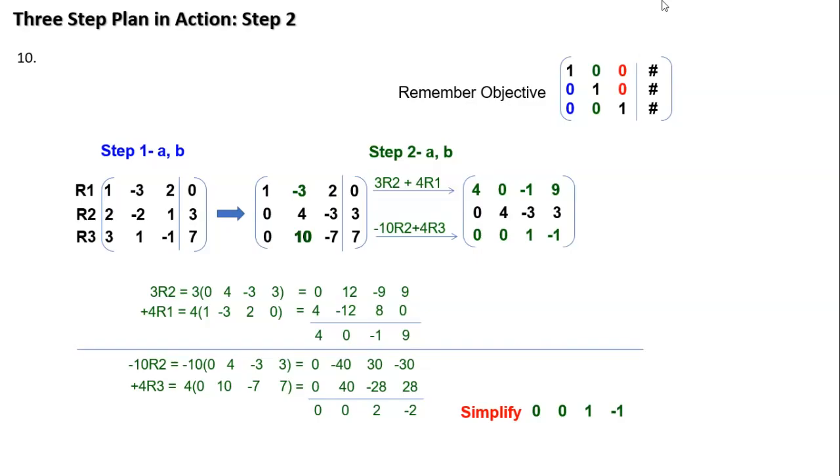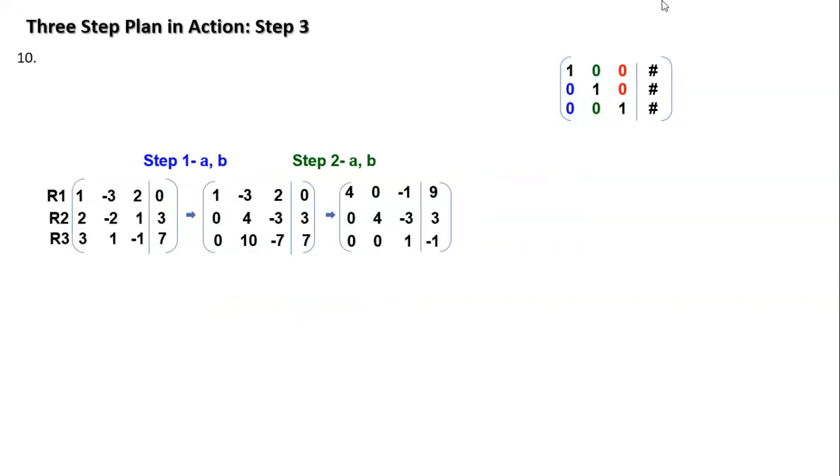Okay. All right. Now we're at step 3. I want to make that negative 1 and that negative 3 above the 1 to be zeros. So I'm going to use my row 3 to get those two new lines. My row 3 stays the same. I'm not going to touch it. But I'm going to use this line to get rid of this negative 1, and I'm going to use this line to get rid of this negative 3.